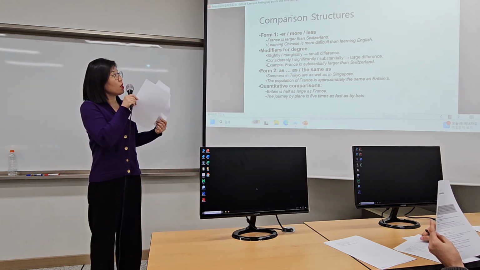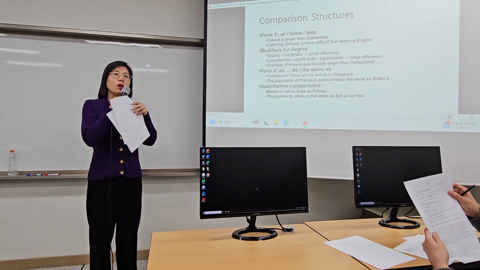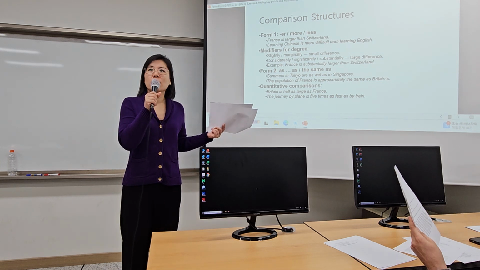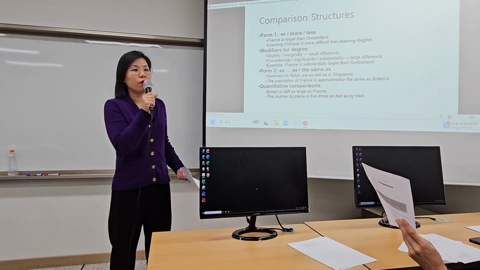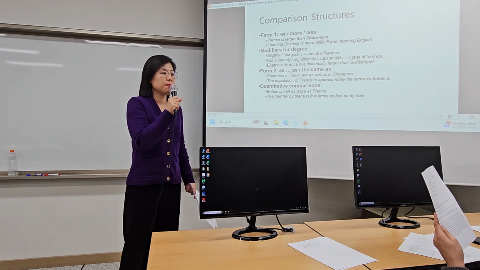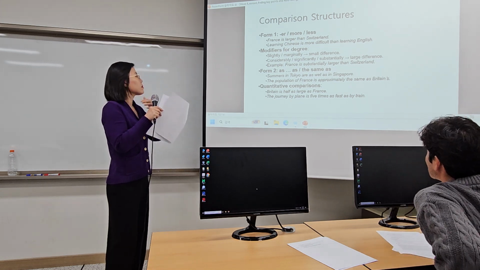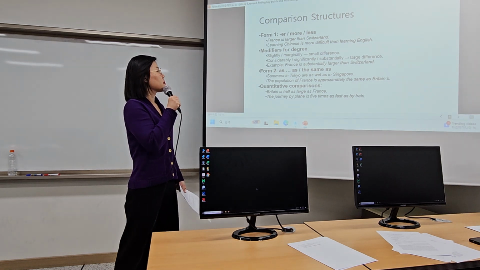Let's go to the comparison structures. These are broad categories. There can be more, but there are broadly 4 categories. For form 1, comparatives: France is larger than Switzerland.